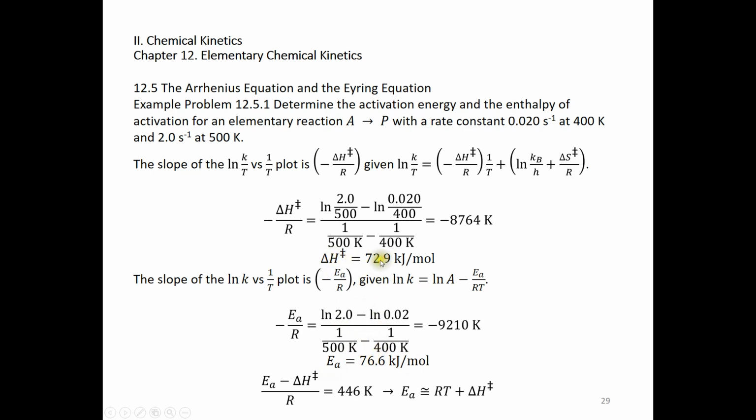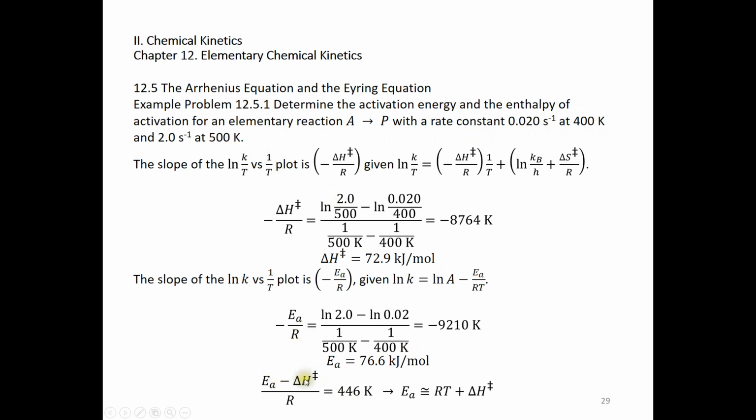You can see the activation energy and the enthalpy of activation are really close to each other, 72.9, 76.6, but they do differ. If you take the difference between these two, it's actually roughly RT. So if you do activation energy minus the enthalpy of activation over R, you get 446 Kelvin. And let's look at the temperatures. It's 400 Kelvin, it's 500 Kelvin.